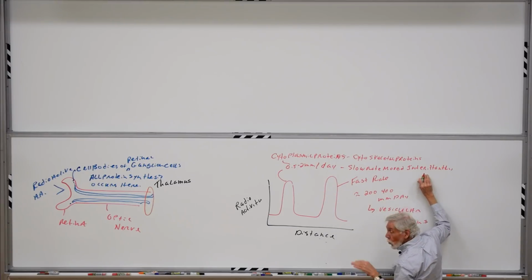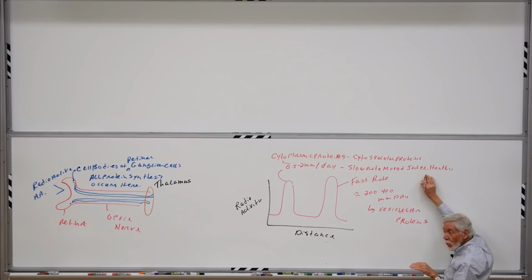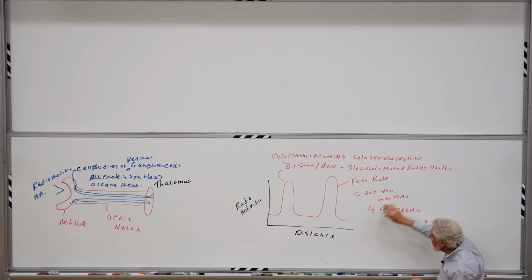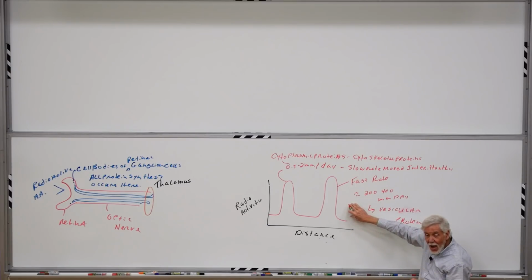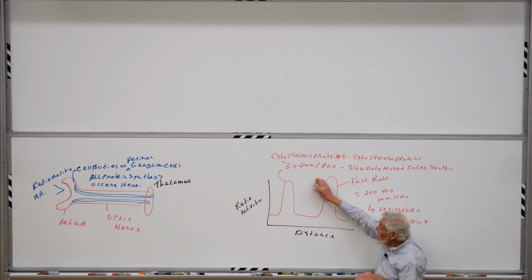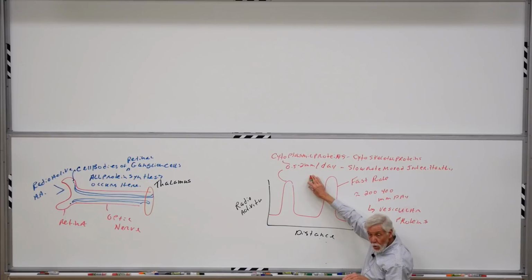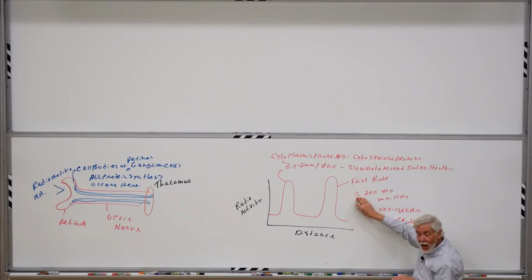So the molecules in the slow component moved now and again, but when they were moving, they were moving at the same rates as the fast component. And it now appears that when these proteins are moving, they're moving by kinesin on microtubules, at the same rates as the fast ones. We still don't know how this happens.